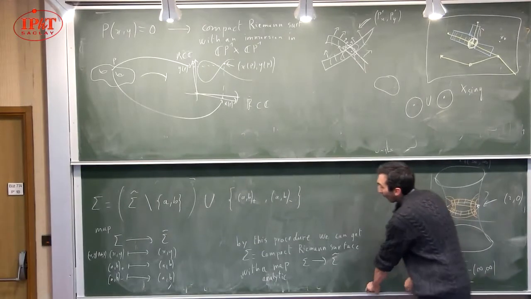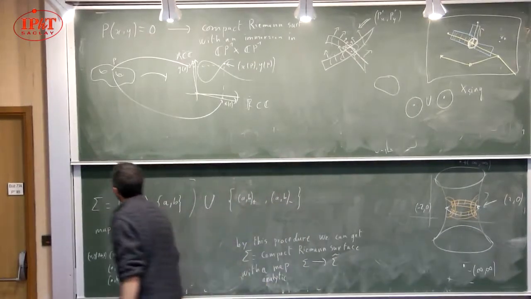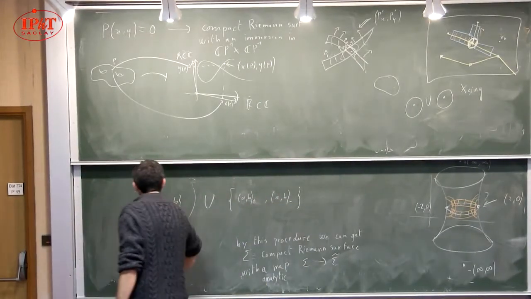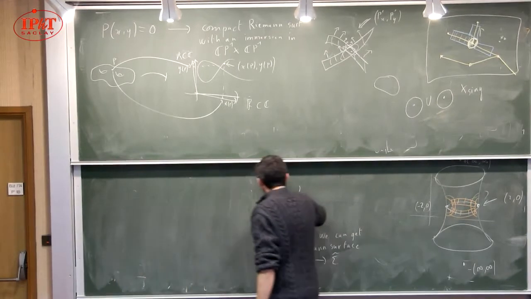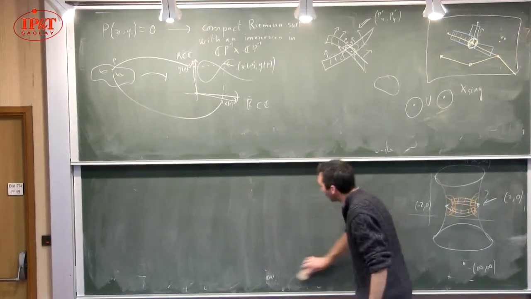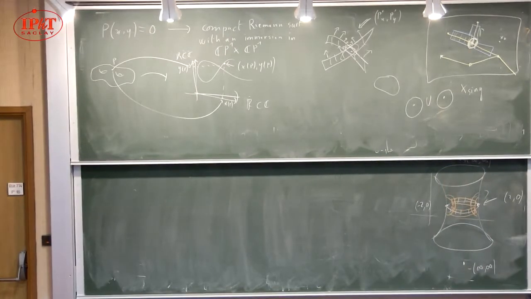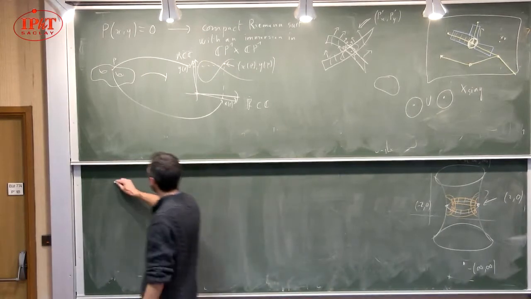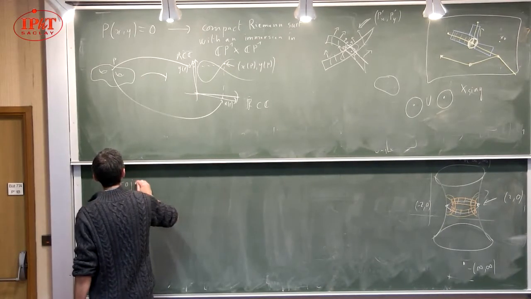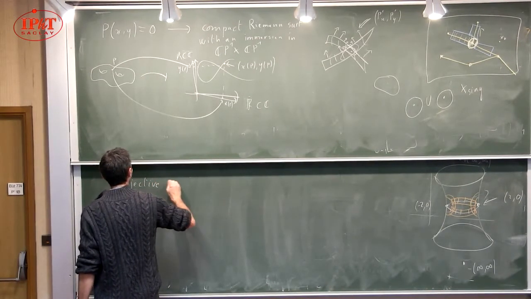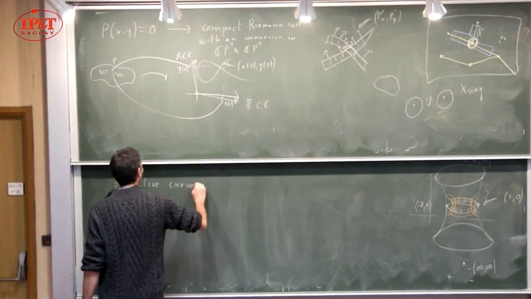There is another way to deal with the compactness at infinity, which is, instead of doing an embedding into C cross C, you can directly do an immersion into CP2. So let me define projective curves. Okay.